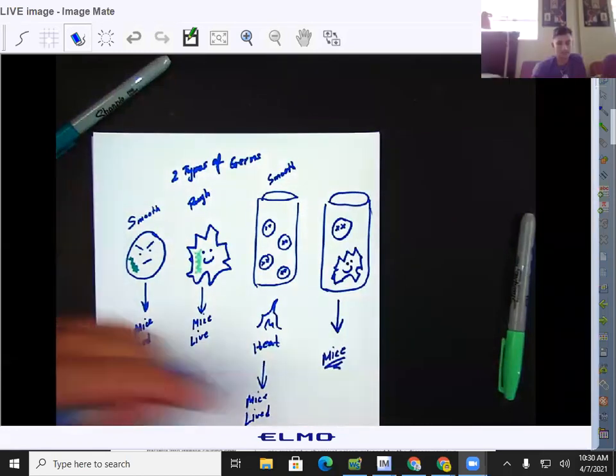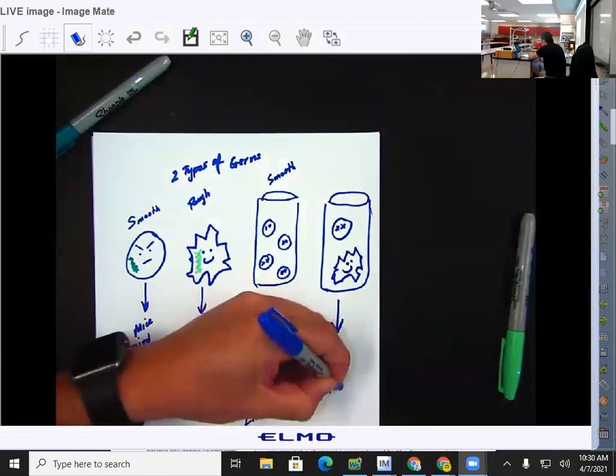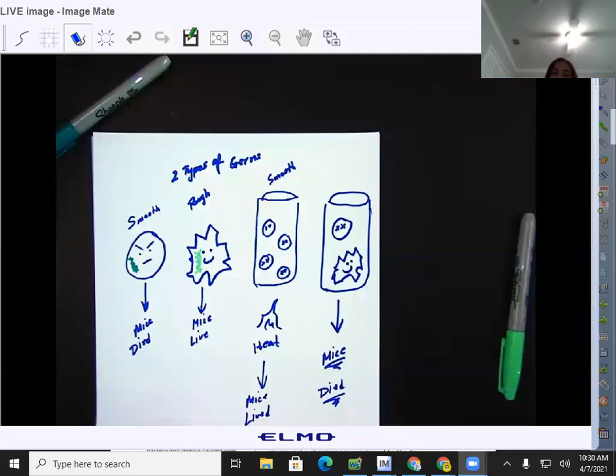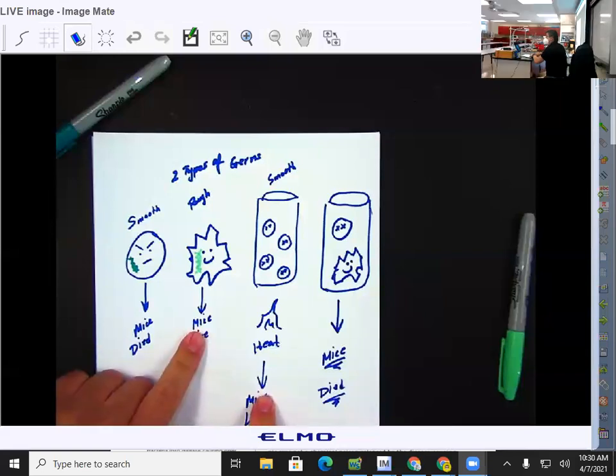They died, exactly. But here, somebody explain to me why that doesn't make sense? Ariel, explain it to me. Why doesn't this make sense? It doesn't make sense because both the heated bacteria and the harmless bacteria caused the mice to live, but when mixed together, the mice died. Exactly, it doesn't make sense, right?